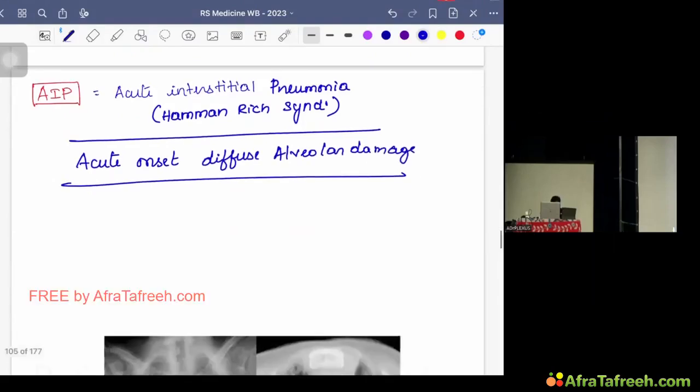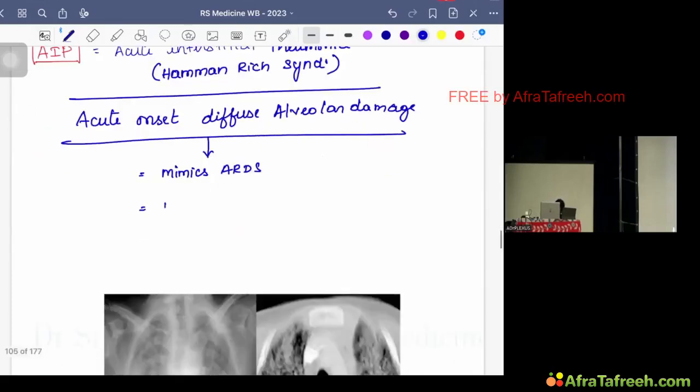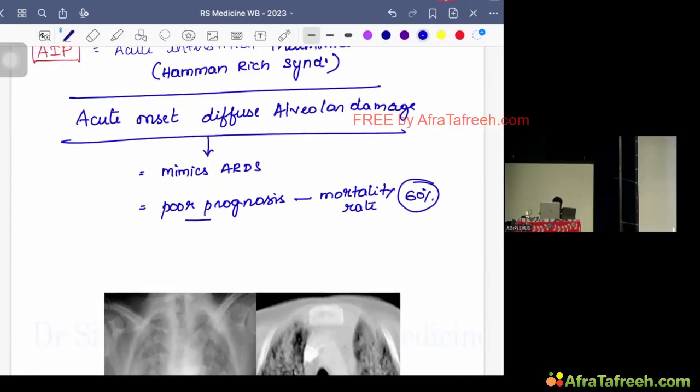In which condition do we have diffuse alveolar damage? ARDS. So this condition mimics ARDS, and it has a poor prognosis with a mortality rate of around 60%.